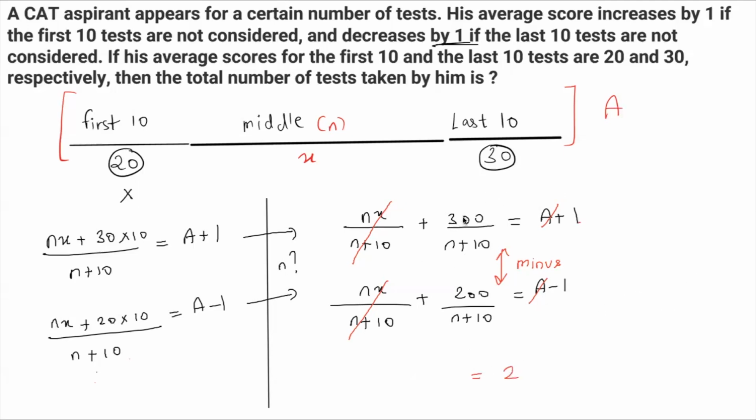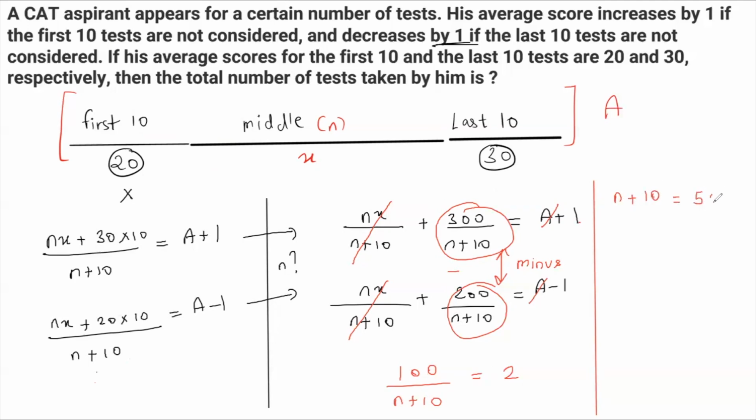On the left hand side, 300 upon n plus 10 minus 200 upon n plus 10. These two terms have the common denominator n plus 10, so the numerators get subtracted. 300 minus 200 is 100. So cross multiplying and cancelling out 2 from both sides, that gives me n plus 10 is equal to 50.